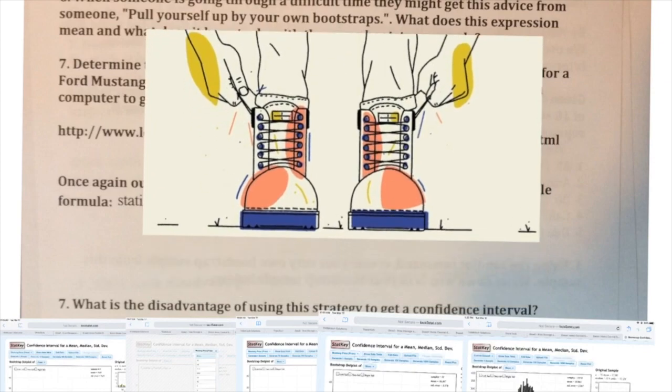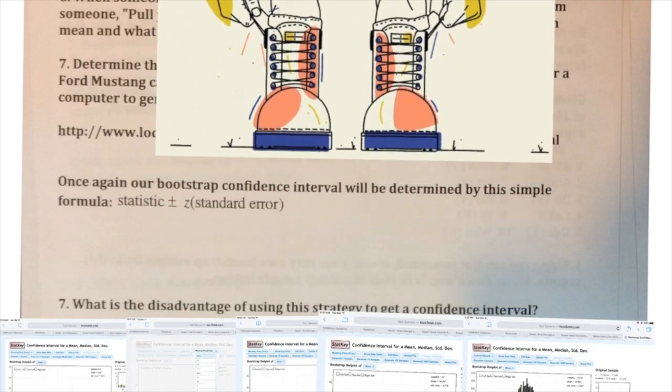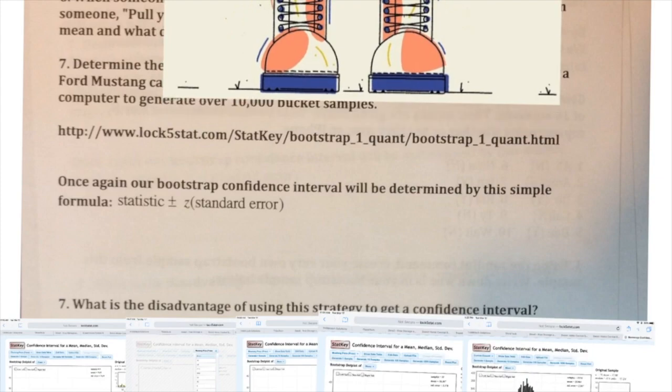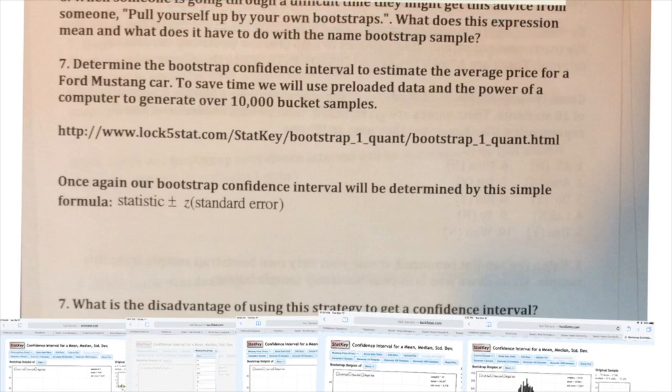That means that they're telling you basically that you're the one that's responsible for actually lifting yourself up, and you're the one that's going to have to actually solve your problem. And if you're looking for some help from any other resources, there's only one way to look, and that's in the mirror. So that's the flavor of what a Bootstrap sample is.